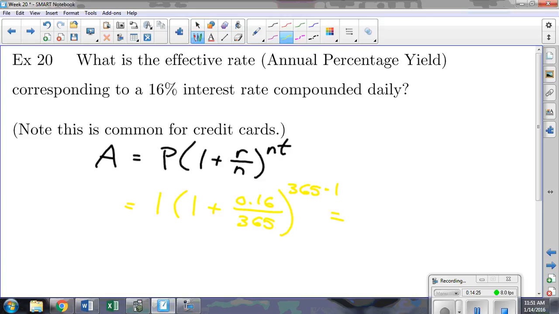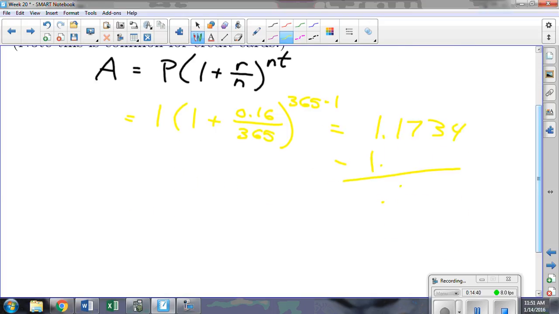So 1.1734 is a 117% of the original. We know we have to subtract off the original amount to get the increase. So 0.1734, which is a 17.34% interest.